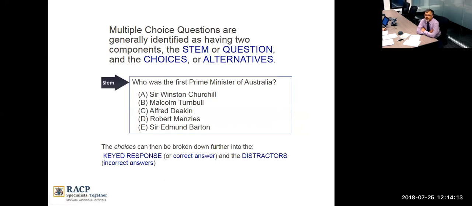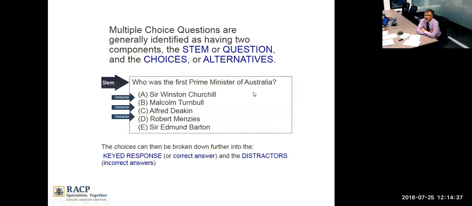The stem sets up the question itself, and our stylistic preference is that the stem is actually a question. We prefer it not to be a statement, and we don't want blanks or colons in it. Ask a question.